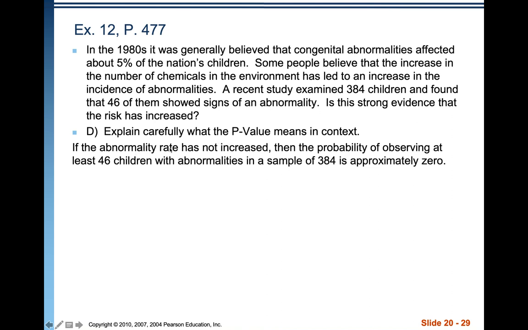Okay, if the abnormality rate is still 0.05, that would be another way to state this. Then the probability of observing at least 46 children, so our results or results more extreme. And then we say what the actual p-value is, approximately 0.